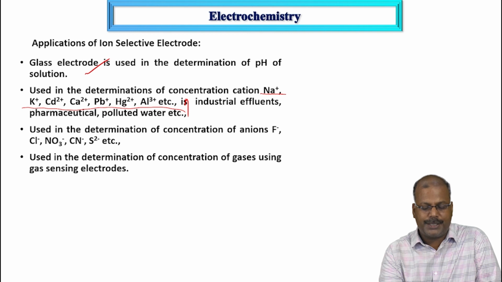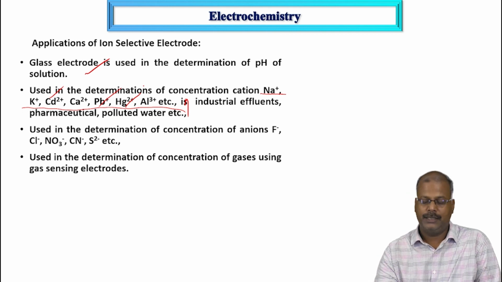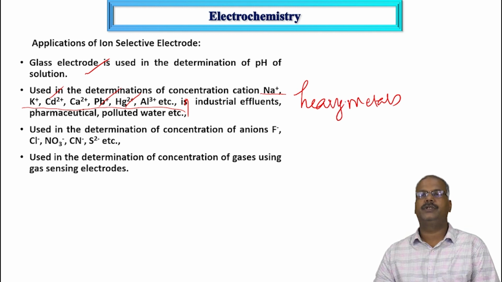Cadmium, lead, Hg, these are all very poisonous and are normally called heavy metals. They should be below a certain ppm in the water.